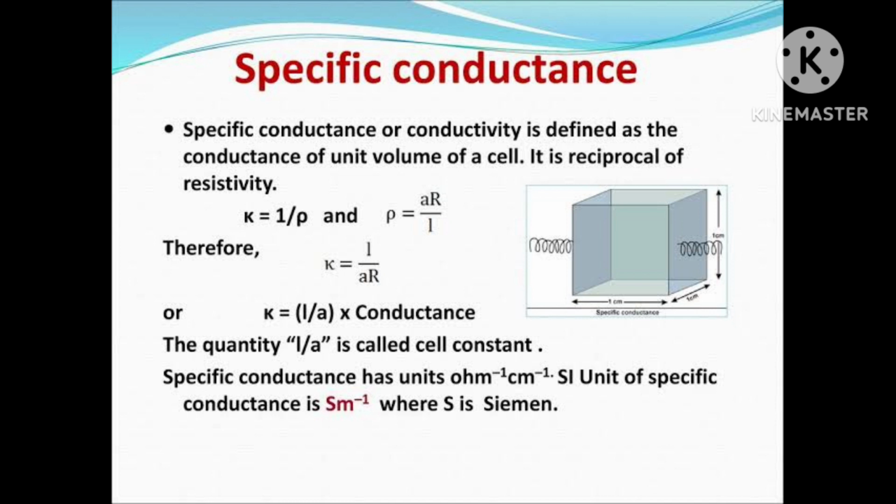When resistance is 0, then that substance is called a superconductor, having a very high conductivity.